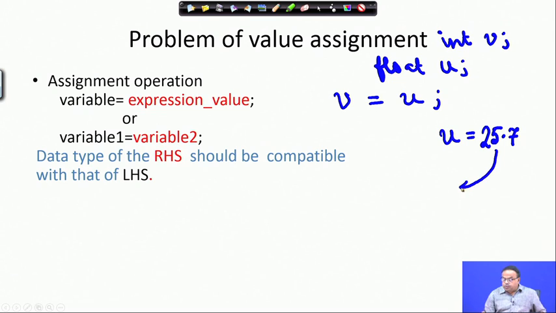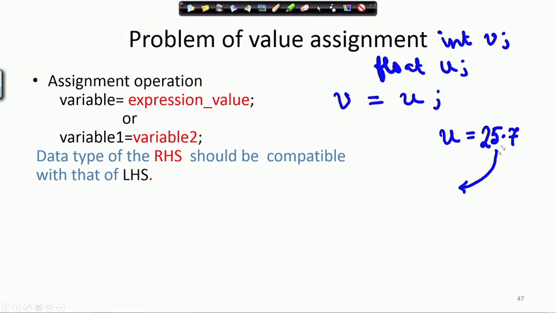I assign this to v. v can only take an integer value, so in most cases you will get an error. Why? Because depending on the computers, depending on the different architectures, integers are often given 2 bytes and floats are given 4 bytes.